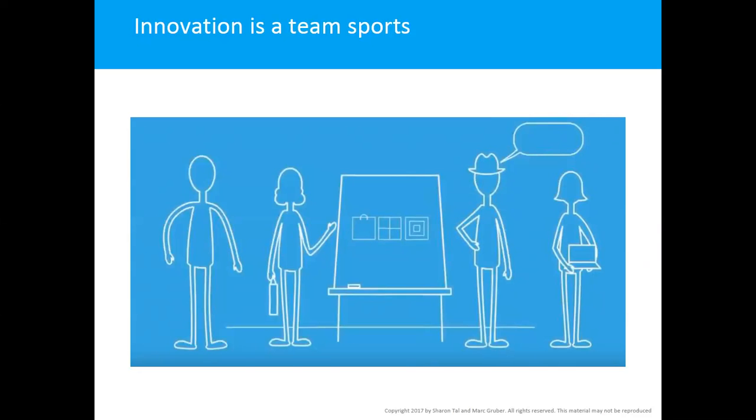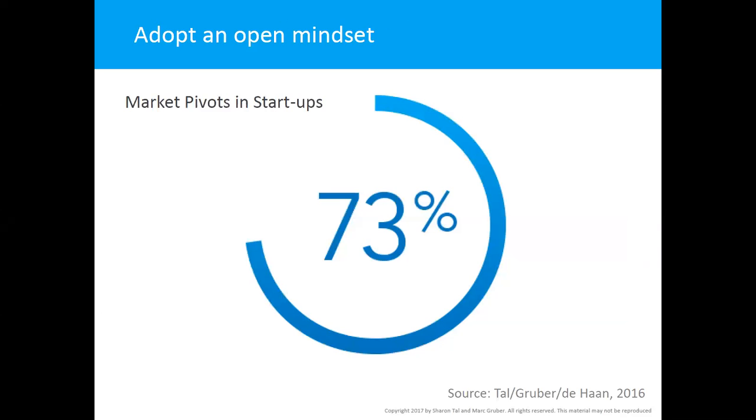And then lastly, and maybe one of the most important things to keep in mind, is that having a wide lens perspective on your possibilities allows you to adopt an open mindset. And this is very important if you're a startup or if you're a large corporate.